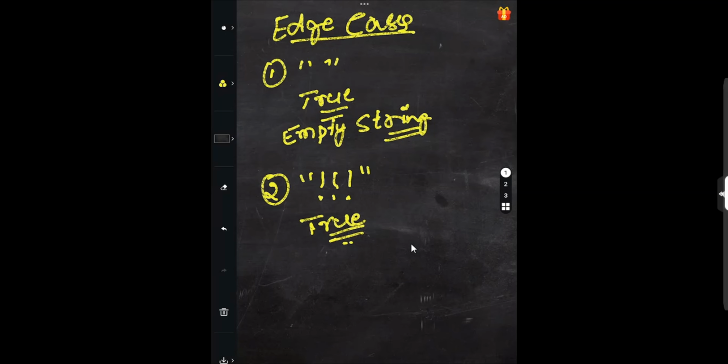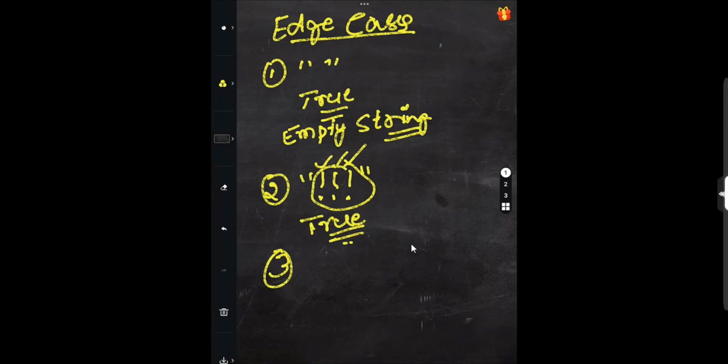After removing the non-alphanumeric characters, the string is empty and thus it is a palindrome. We will not be considering the non-alphanumeric characters at all. After removing these, we'll be ignoring them and the string will be empty. So the output will be true. This is the second edge case.